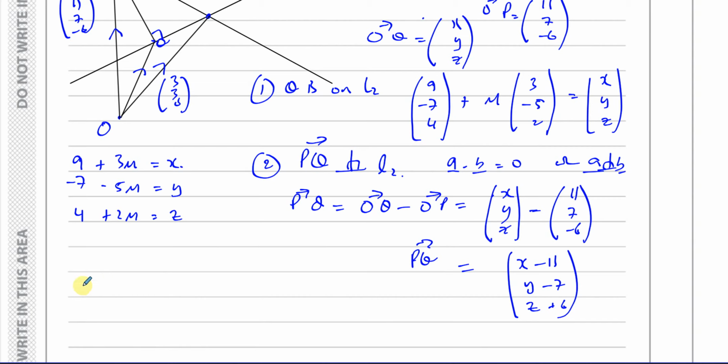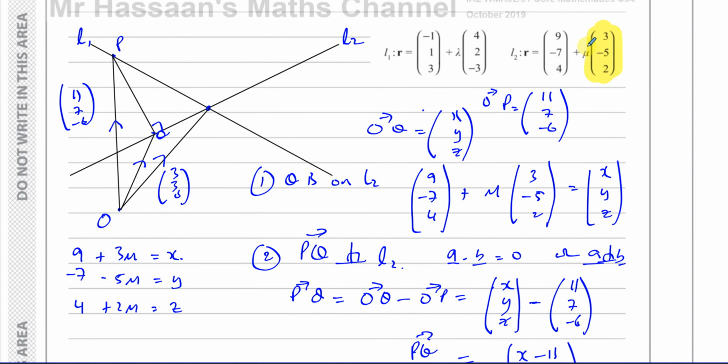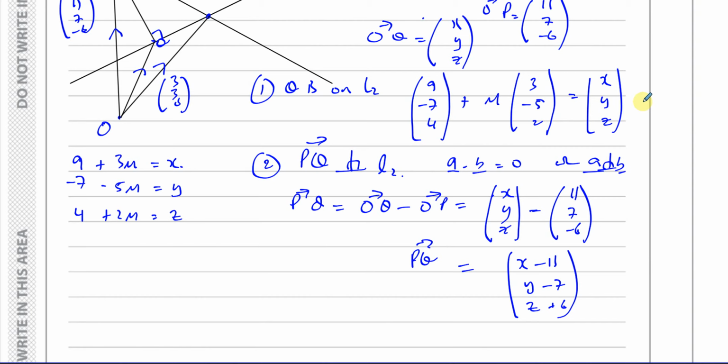So I know that if I multiply P to Q with the direction of line 2, which is (3, -5, 2), I have (3, -5, 2) multiplied by this vector (x - 11, y - 7, z + 6).